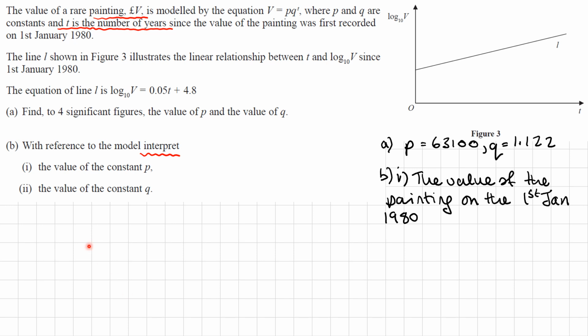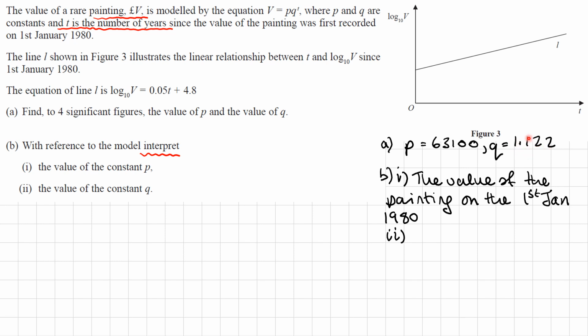And in the second part of part B, we need to interpret the value of the constant Q. Now the value of Q is what we're multiplying the initial value of the painting by each year. So each year, this number 63,100 is going to get multiplied by 1.122.